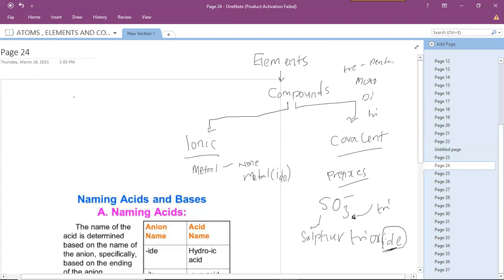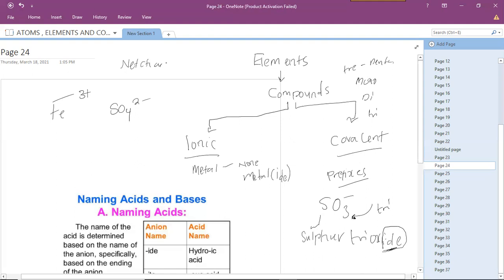For example, if we have maybe an iron ion with a charge of 3 plus and we have sulfate with a 2 minus charge, what we're going to see here is that for us to name this compound, we have to have a net charge.